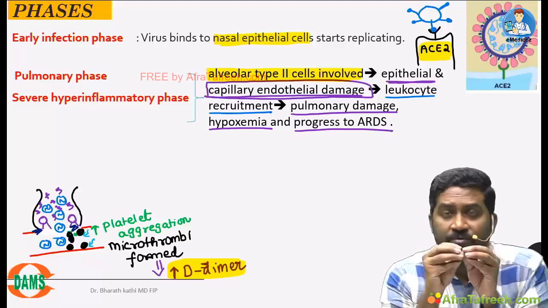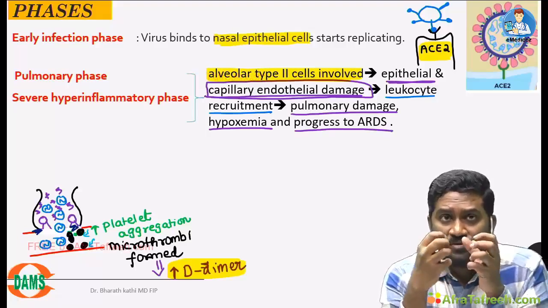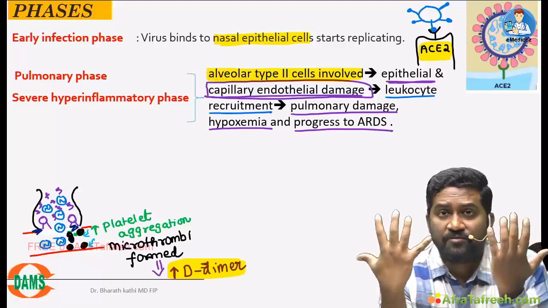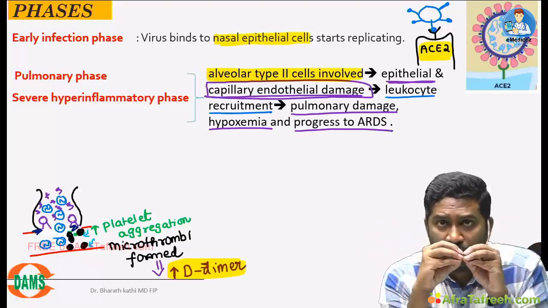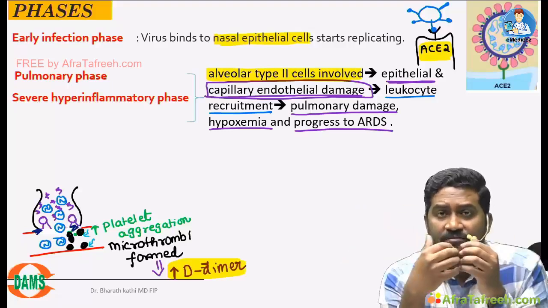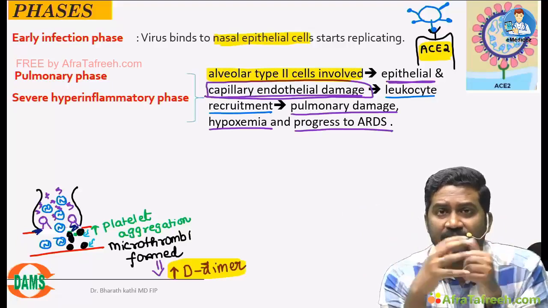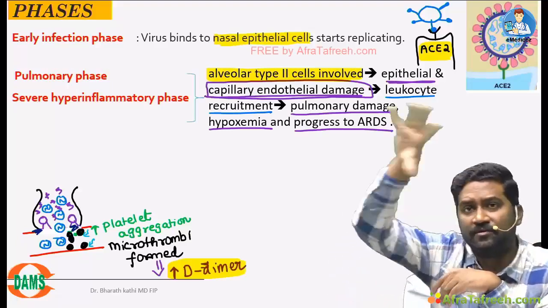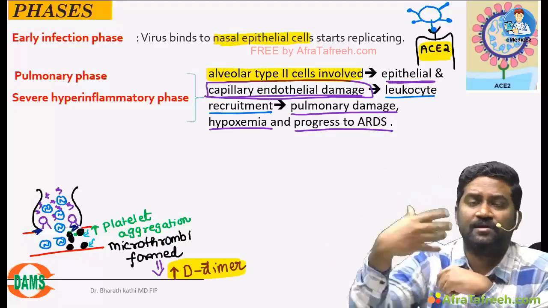But in a few, your immune cells will start behaving like a suicide squad. Suicide squad in the sense that they go there and blast themselves. So whenever a suicide squad attack is happening, not only the terrorist, whatever is present in that area will be destroyed.